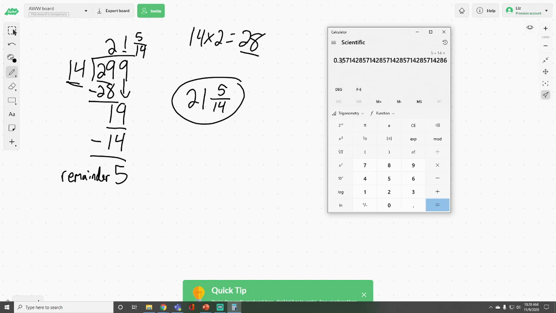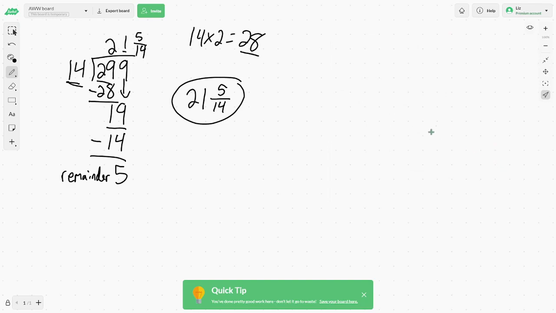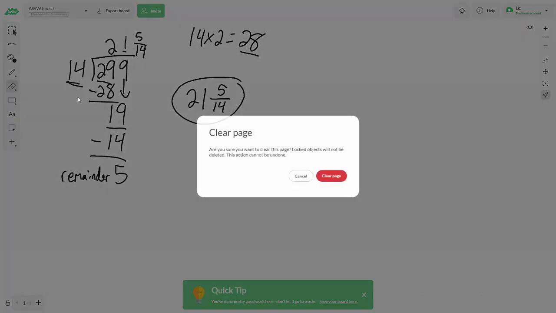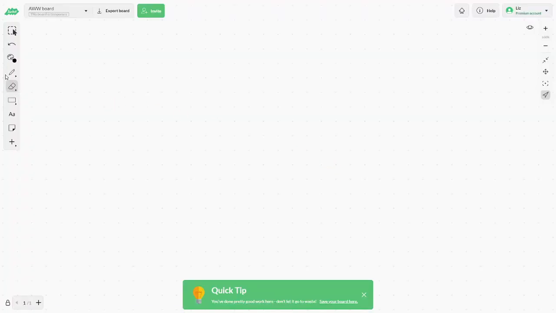We get 0.357. We get that decimal point part of it. So let's look and see how that works when we're talking about a polynomial.